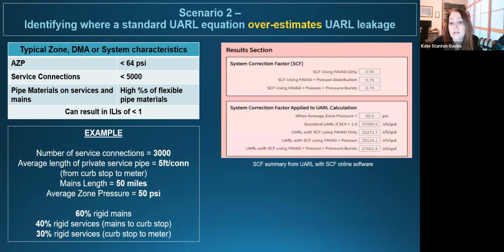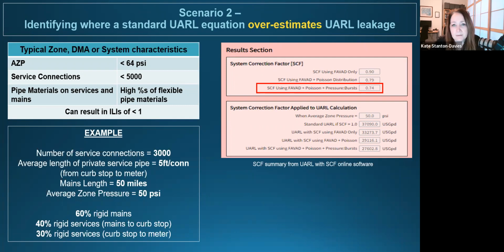When we put that into the system correction factor software, we get the results that you can see in the pink results section here. I'm just going to talk through some of them. We get a value of SCF, which considers the FAVAD effect, the Poisson effect, and the pressure bursts effect of 0.74.